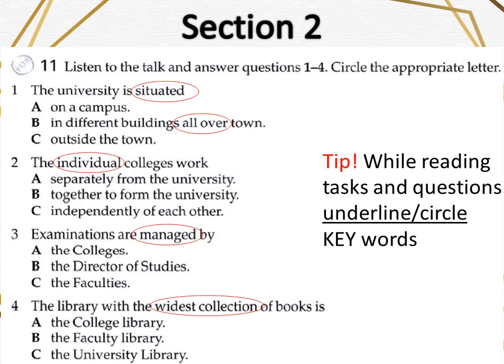While reading, as you remember the tip, you have to underline or circle keywords. After underlining and circling the keywords, you have to think for each word as many synonyms as possible, minimum 2 or 3. So here I circled 5 words.